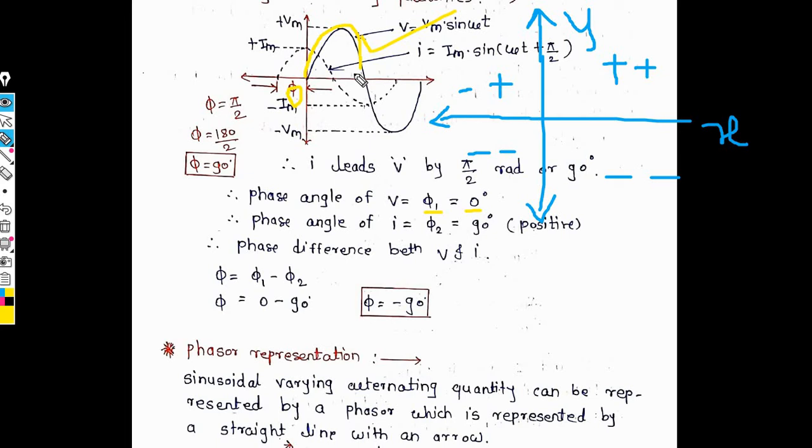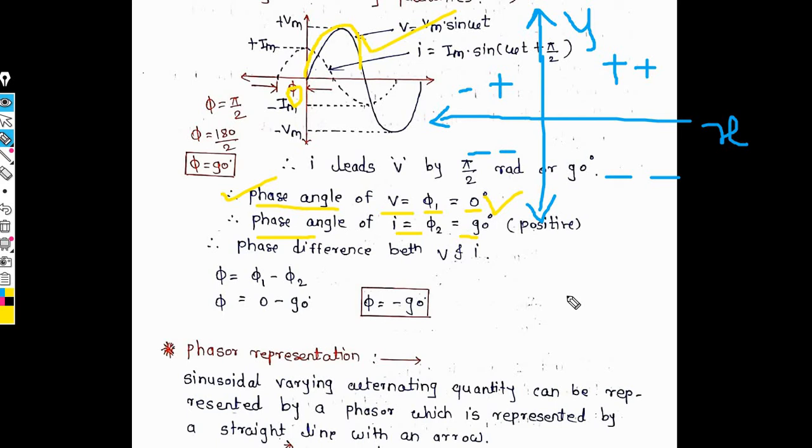Then the phase difference will depend on the phase angle. The phase angle of voltage, that is phi 1, is 0 degree. The phase angle of current is phi 2. We consider the angle to be maximum for current, because we have to identify the lagging concept, leading concept and in-phase concept.